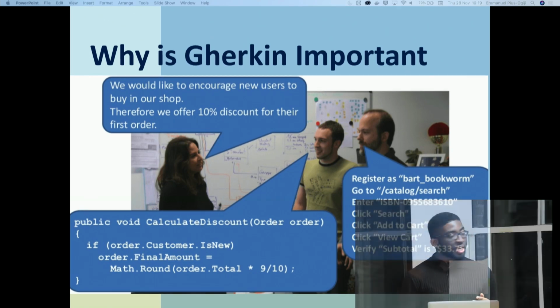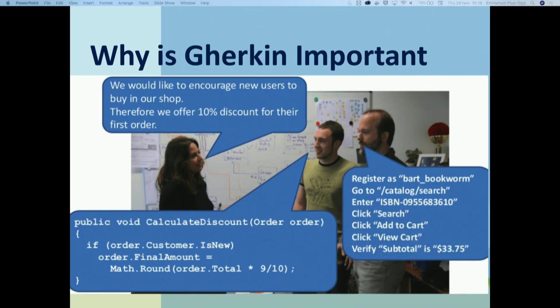So let's spend some time and look at an example of why Gherkin is important. If you see on your screen here, the lady there is the product owner. She's talking about encouraging new users by giving new users a 10% discount. And then the guy in the green t-shirt is your developer who's already thinking of it in Java code. He's already thinking, right, 10% discount, this is how I'm going to code it up.